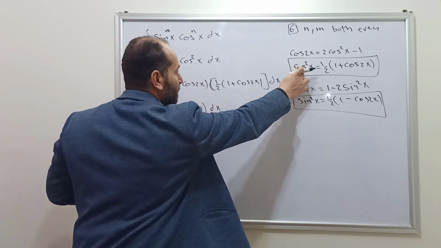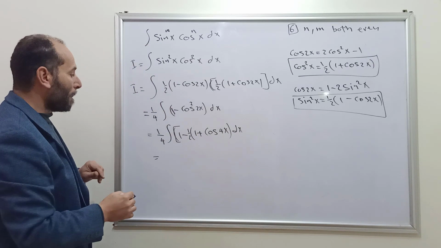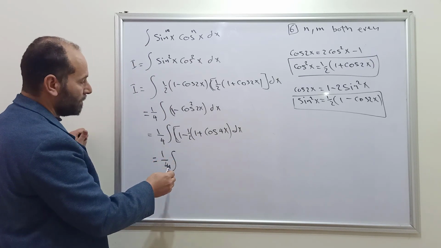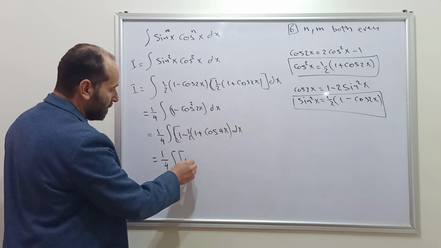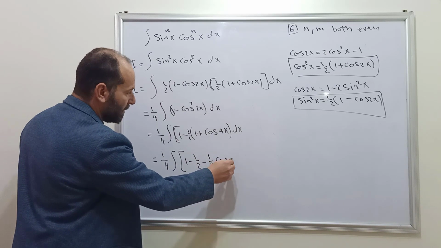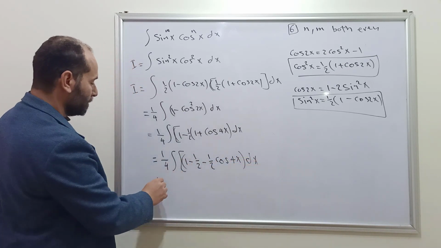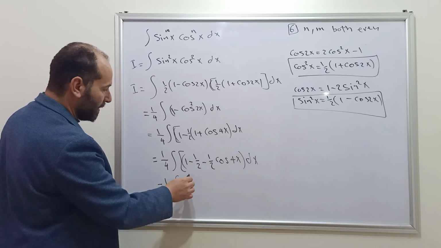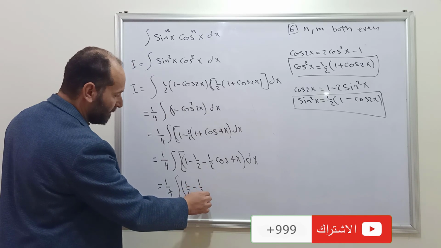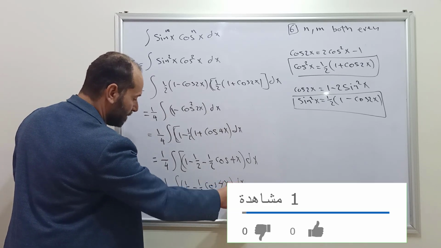By applying this rule another time, equals a quarter the integration of 1 minus half cosine 4x dx. That equals a quarter the integration of half minus half cosine 4x dx.